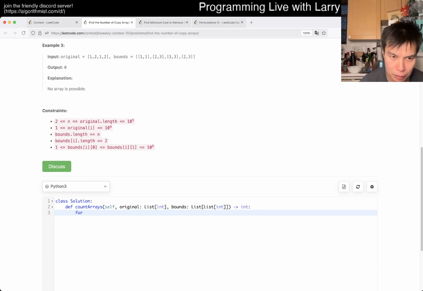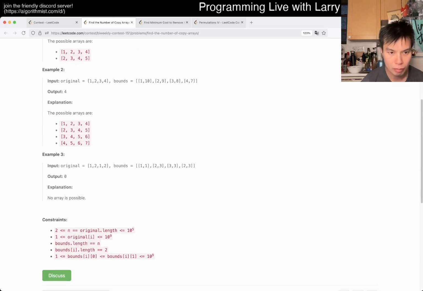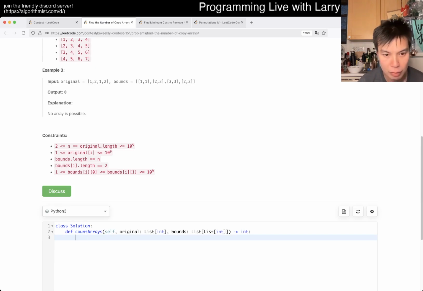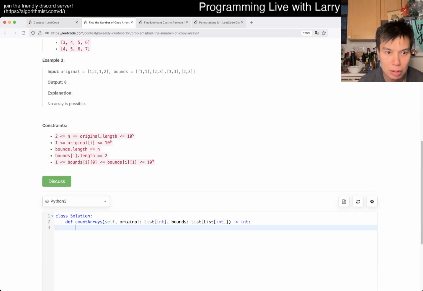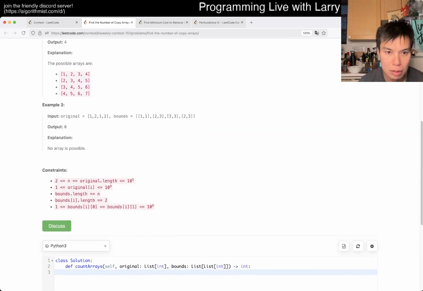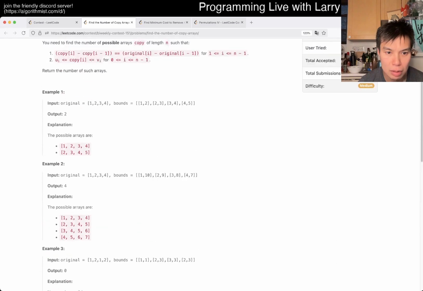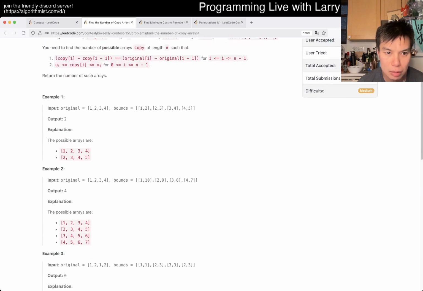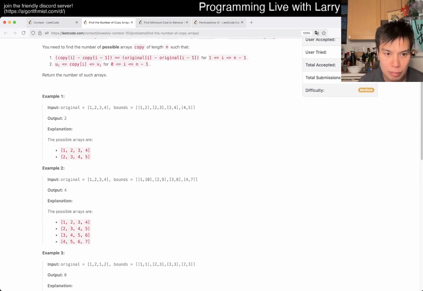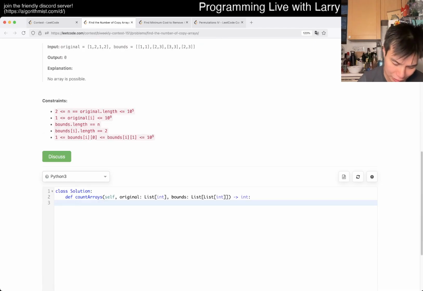How do I want to write it though? I mean, the original doesn't even matter. Yeah, this is so annoying to write, maybe.